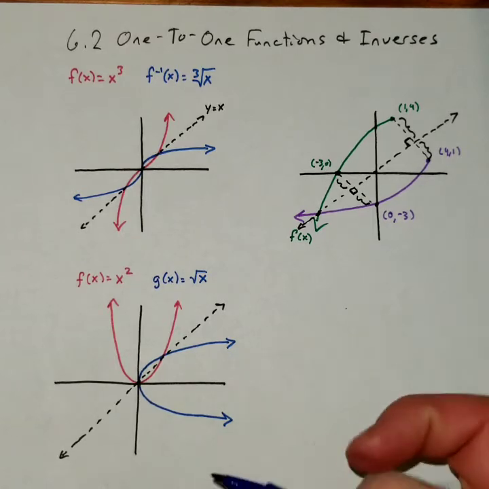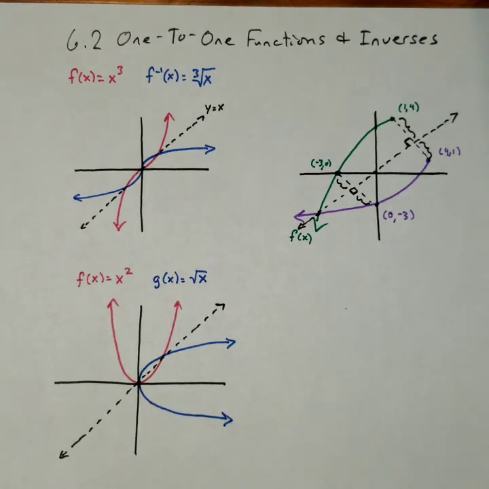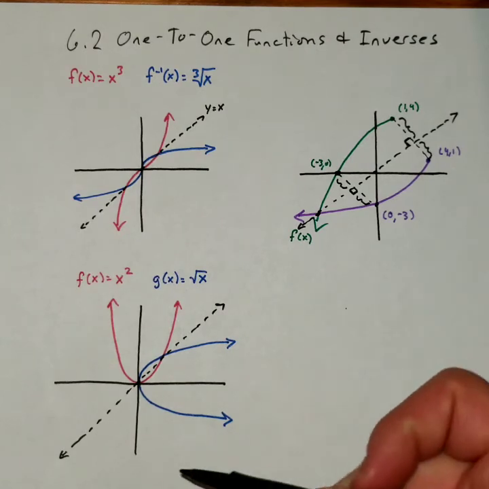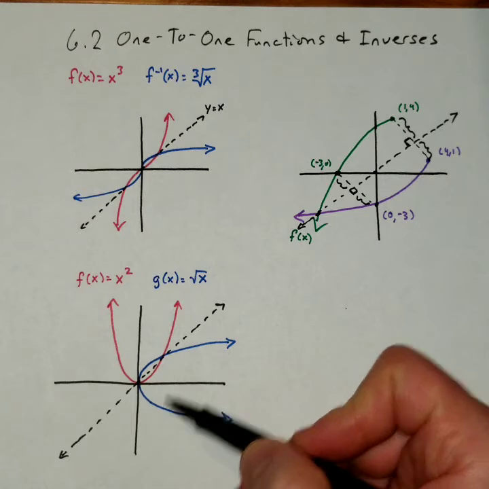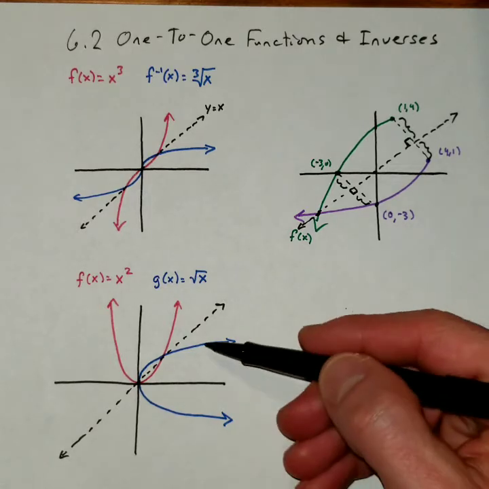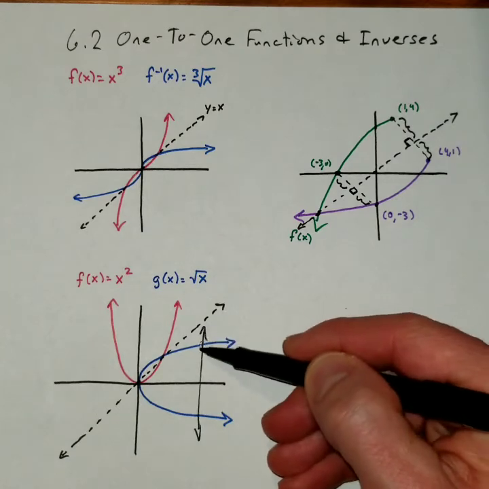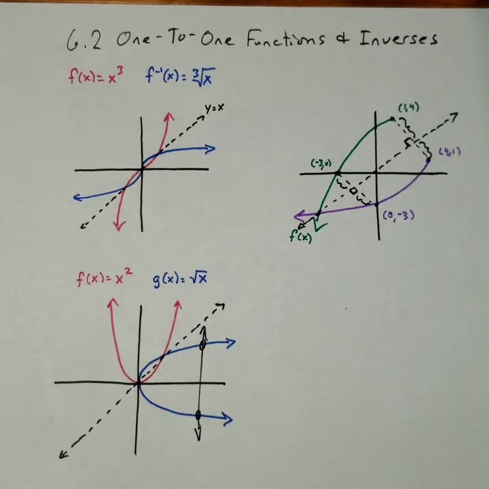Now that's a problem. Why is that a problem? Well, the square root function doesn't have a lower half. That doesn't exist on the actual square root function. The reason for that is you can't get negative values out of a square root. Right? No matter what I plug in for x, there's only positive outputs. Furthermore, this would violate the vertical line test.